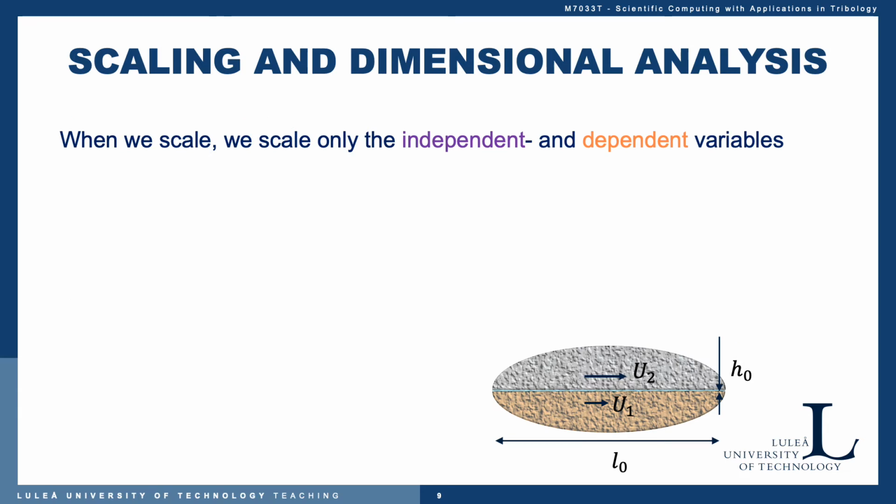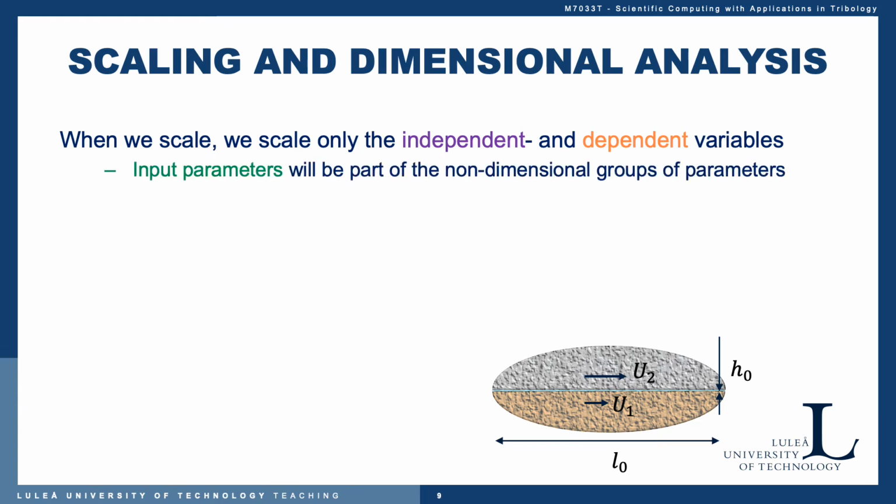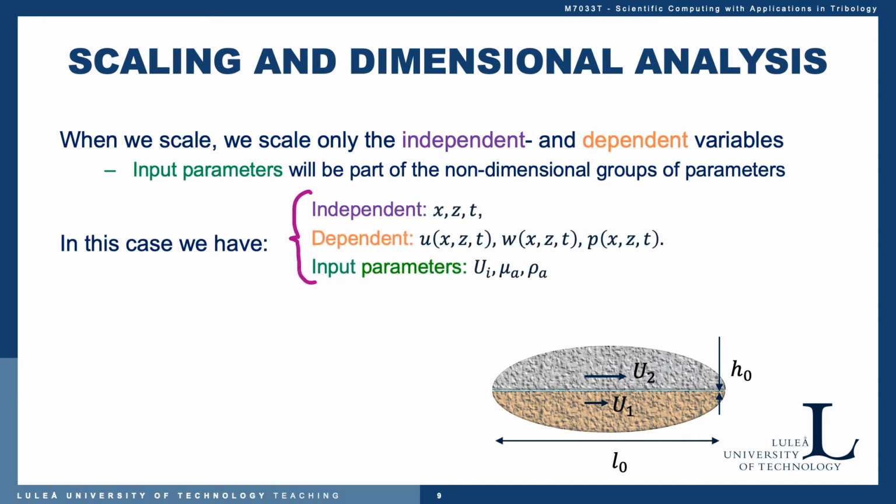We recall when we scale and do dimensional analysis, we scale only the independent and dependent variables. Input parameters will be part of non-dimensional groups of parameters that appear in the dimensionless set of equations. In this case, if we have a 2D problem, we have x, z, and t as independent variables.